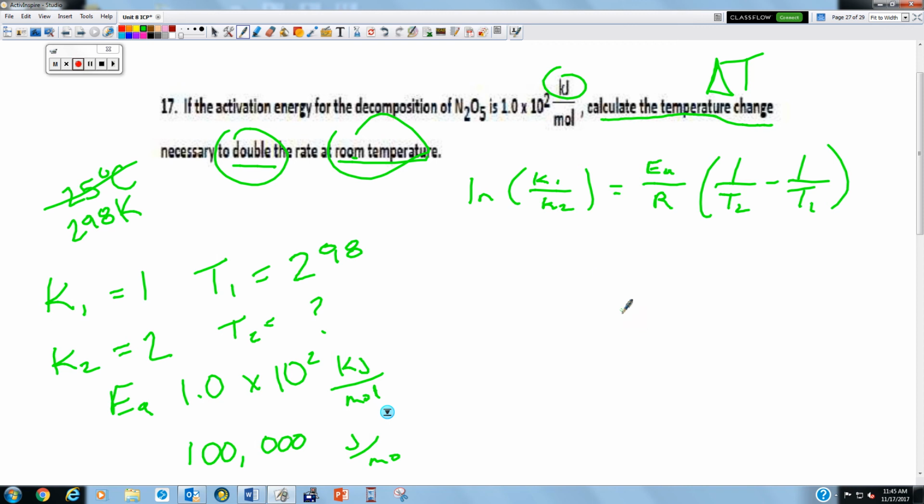All right, so sticking everything in the right place.